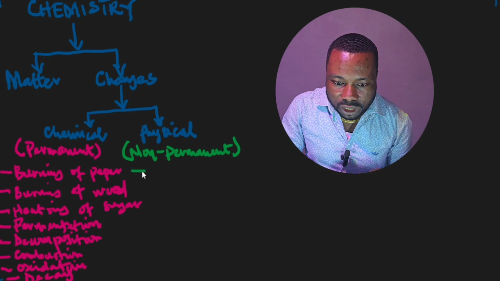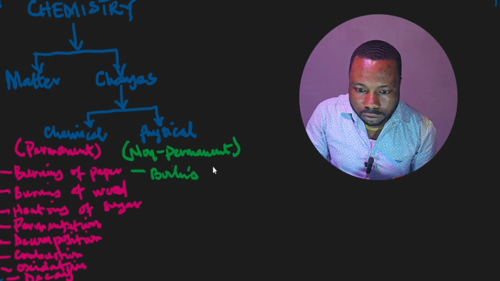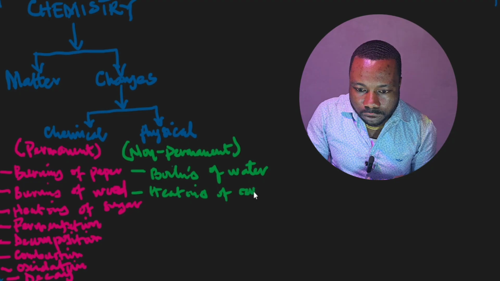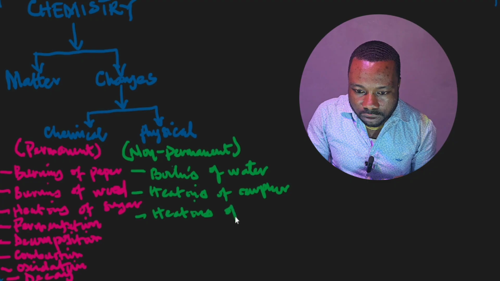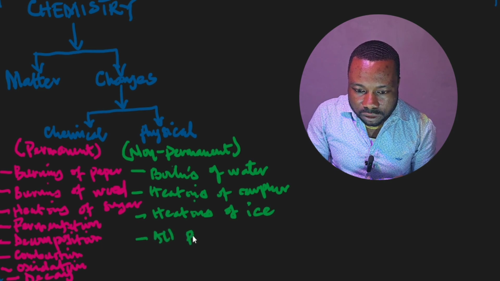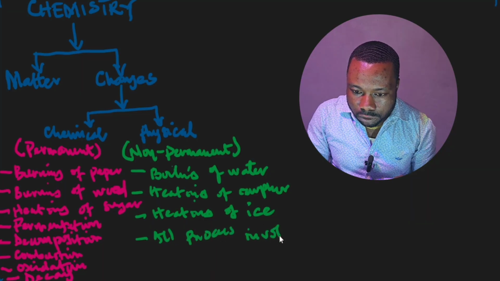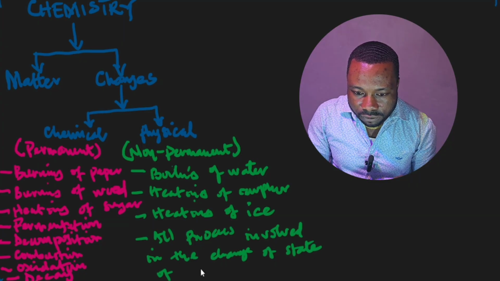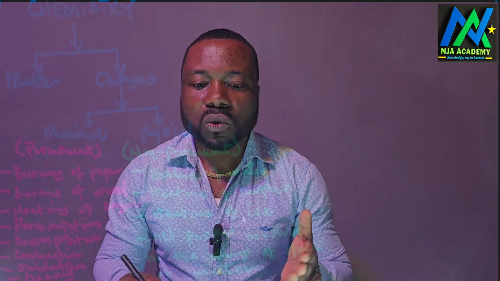We have boiling of water, heating of camphor, heating of ice, and all processes involved in the change of state of matter. So, what are these processes which are involved in the change of state of matter?